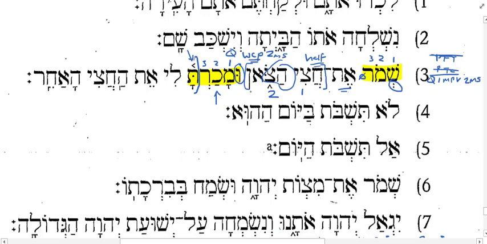What do I have going on here? I have over here an imperative followed by a WCP in a sequence. What does that mean? When I have WCPs following verb forms like the imperfect or the imperative or the jussive, it's going to take on the nuance of the initial verb.